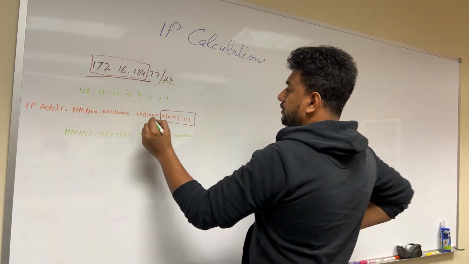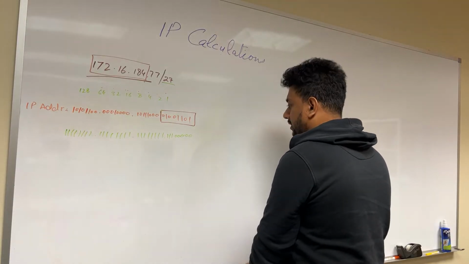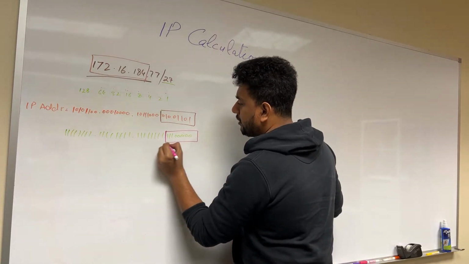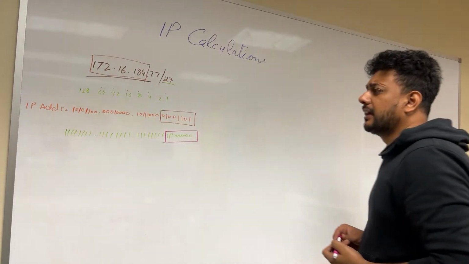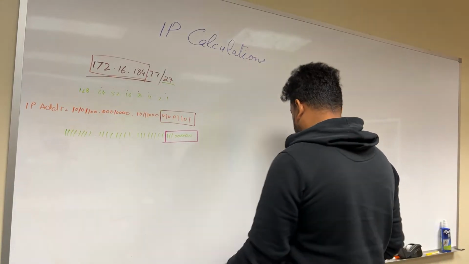As I told you, I'm going to need this last portion and the last portion of this. When you have these two values, it's very easy. Simple formula.